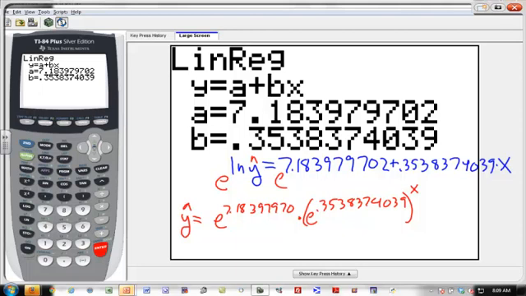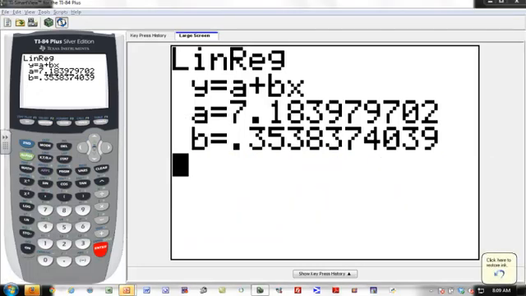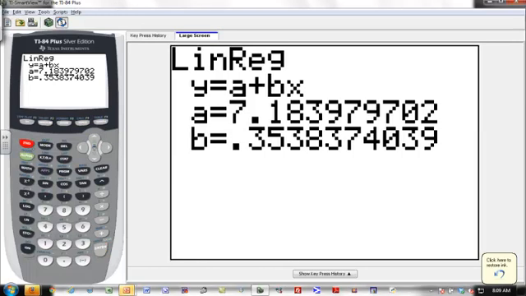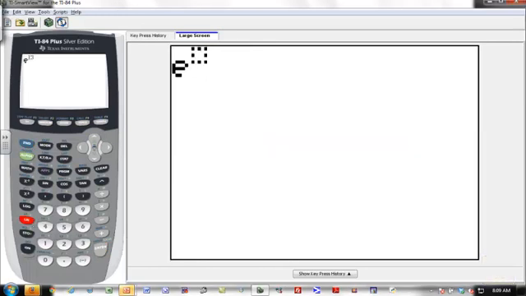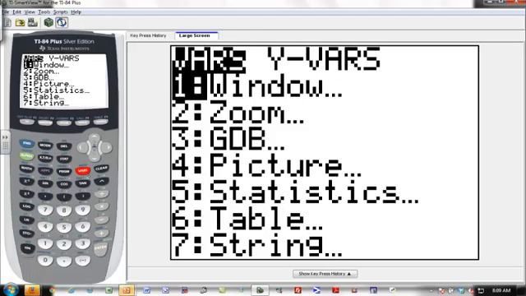So I'm going to figure out what e to 7.18 is and e to 0.353 is, and let's see if we can make the numbers mean something. If you have already written this down, I'm going to get rid of it now. And what I'm going to do is ask the calculator second, e to the x, and that long number that was stored in a, I didn't write it down, so I'm going to just grab it out of the calculator.